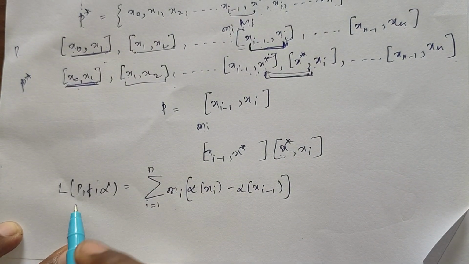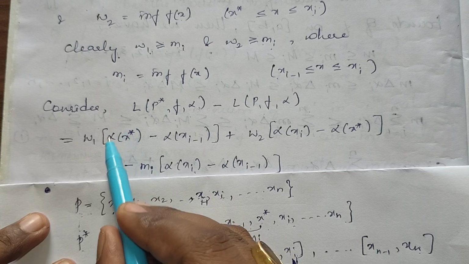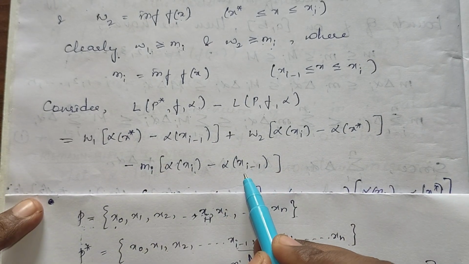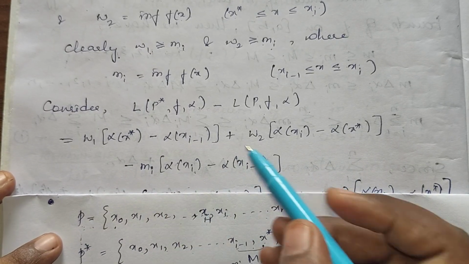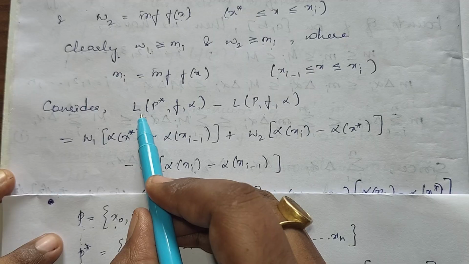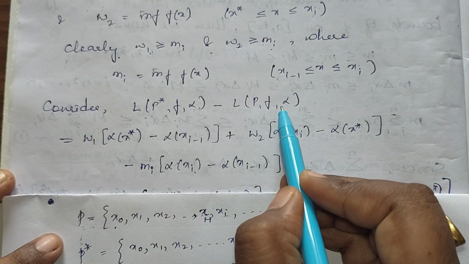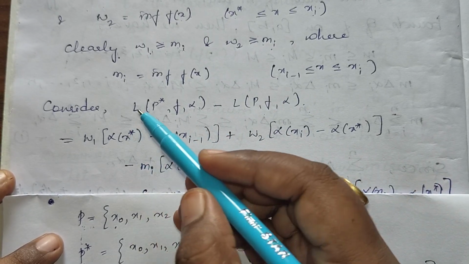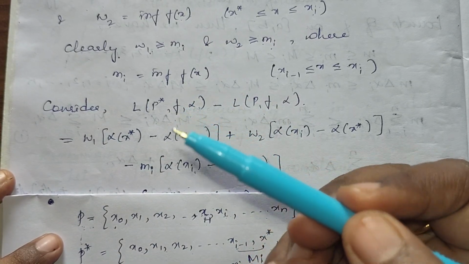So this is your L of p comma f comma alpha. See here, I have written only W1 into this plus W2 into this and minus mi into this. Why? Because remaining terms will get cancelled with these terms. See here, we are having the same subintervals as L of p comma f comma alpha has. So we'll be having the same mi's into alpha xi's minus alpha xi minus 1's.